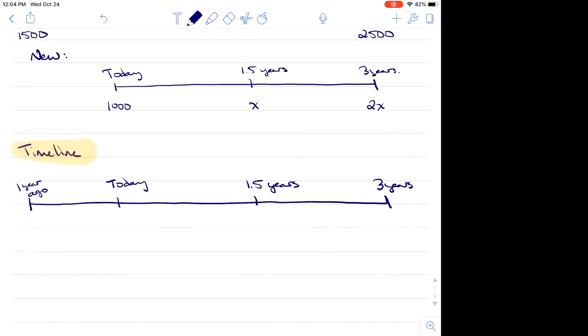Let's mix things up. You can try any focal date and you'll find the same X. But just to mix things up, let's use 1.5 years as our focal date.